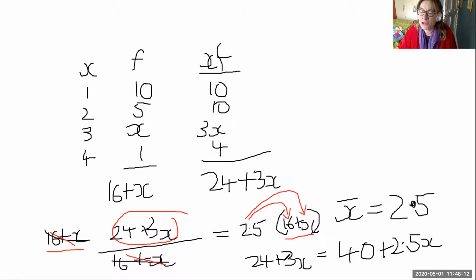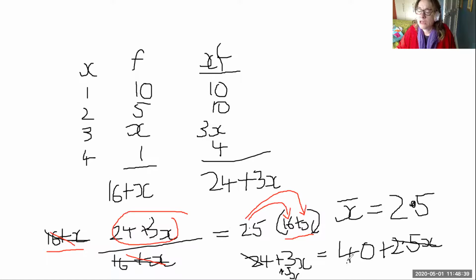Now I have an x on both sides. So let's just get the x's on this side. So you can see there that 3x, if I take 2.5x away from both sides, that cancels. Take it away from that side, I'm left with 0.5x. So it's a half of x. So 24 taken away from this side, that's gone.